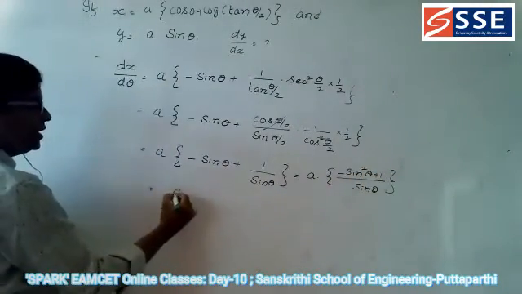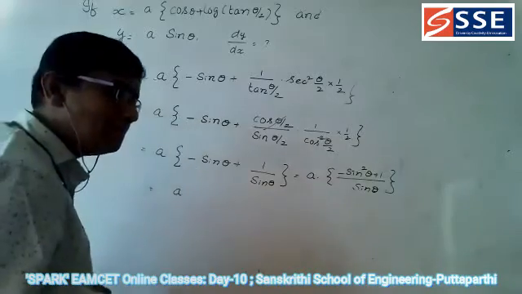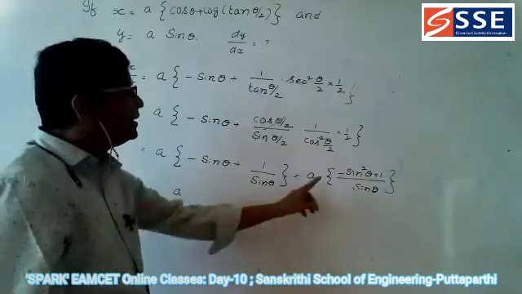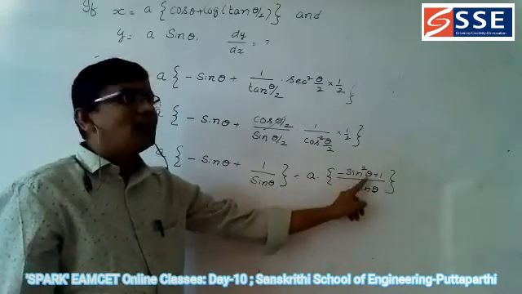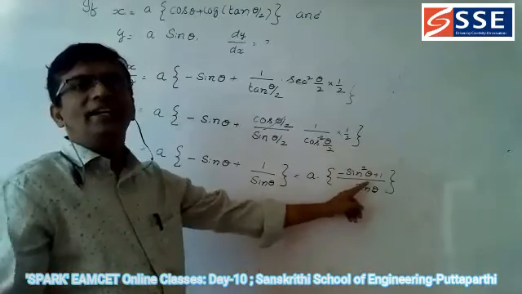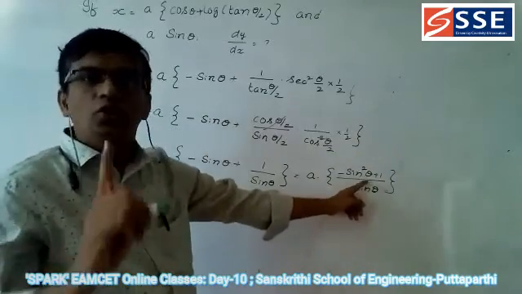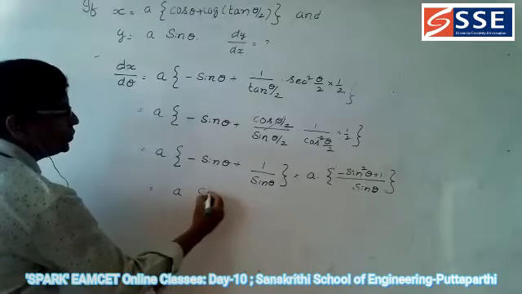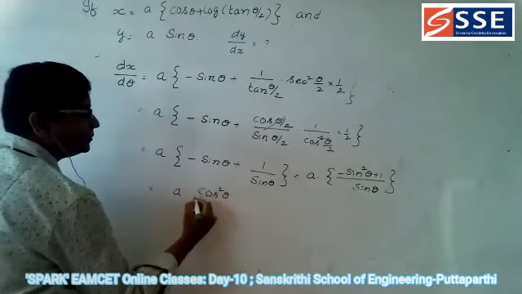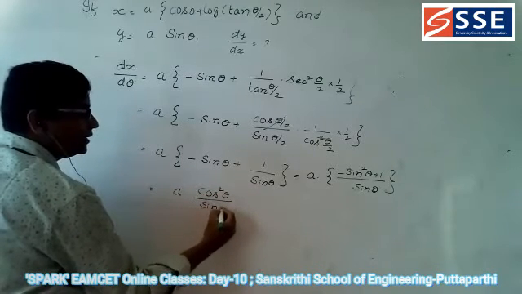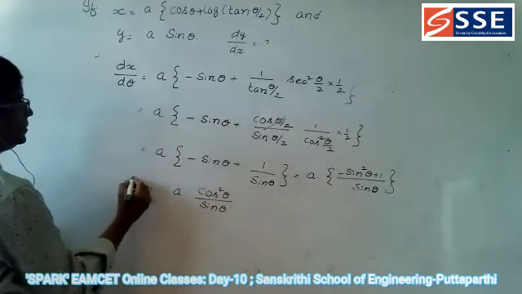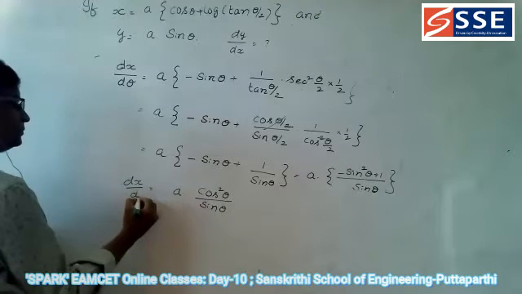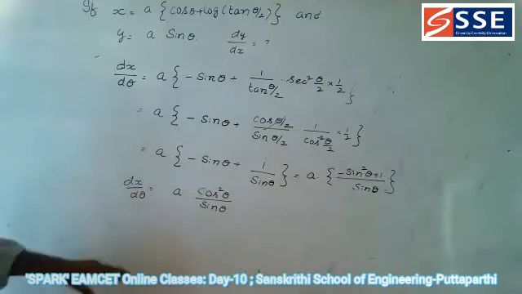That is equal to a into, so what it becomes, 1 minus sin square theta, according to the trigonometric first identity, sin square theta plus cos square theta is equal to 1. From that, 1 minus sin square theta we can write as cos square theta by sin theta. What is this? This is equal to dx by d theta. That's all, no further simplification.